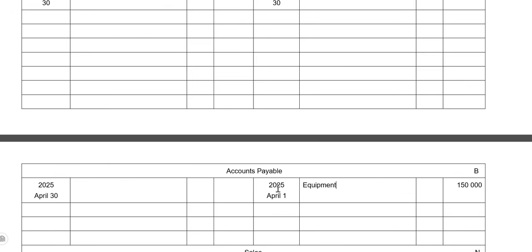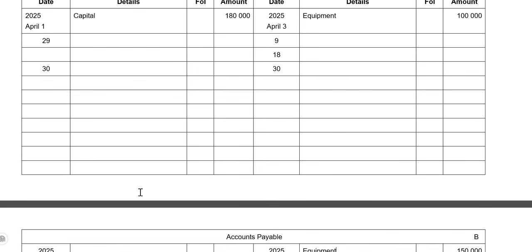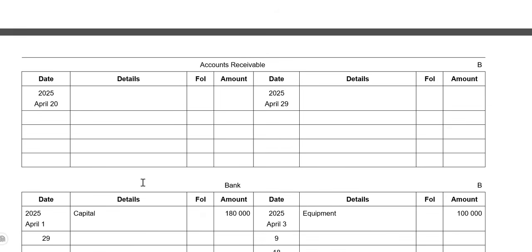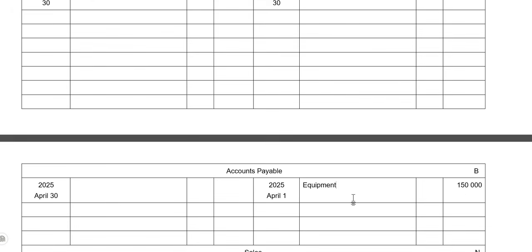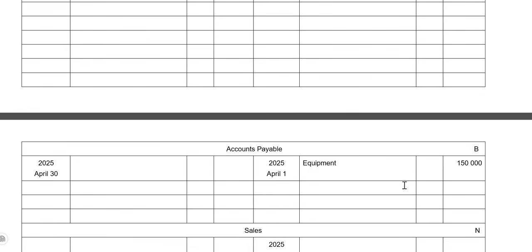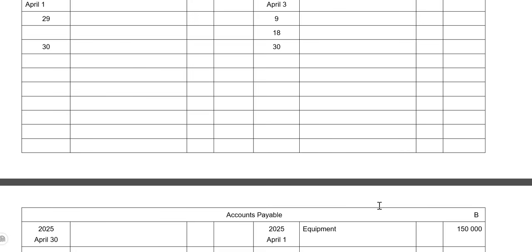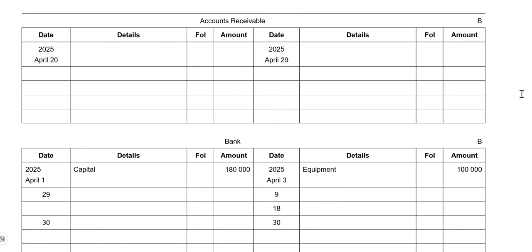So now that's like what I did in the T accounts. I went and debited equipment with 250,000. I credited bank because there was a cash payment of 100,000 deposit and 150,000 still owing, accounts payable, which is a liability. Increase in liability, credit. Under bank, the 100,000. Decrease in assets, credit.